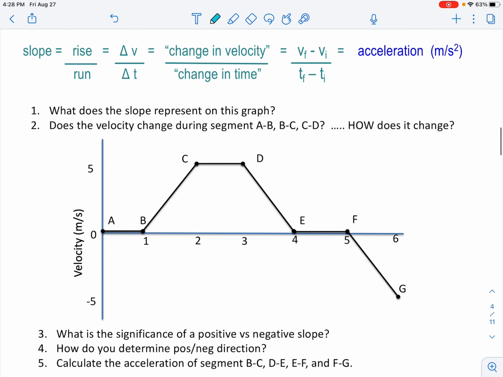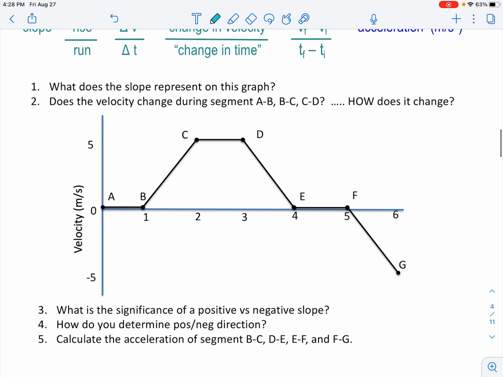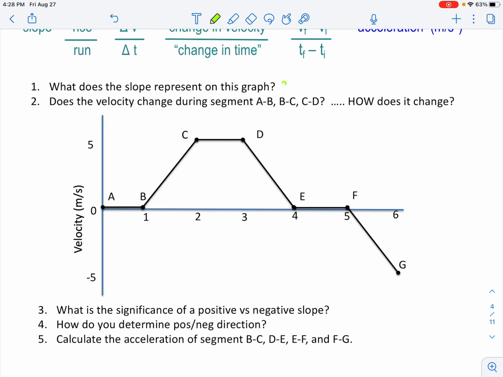So if we go back and look at this graph once again, the slope on this graph represents acceleration. We are going to describe now our velocity, because remember, acceleration is the change in velocity.